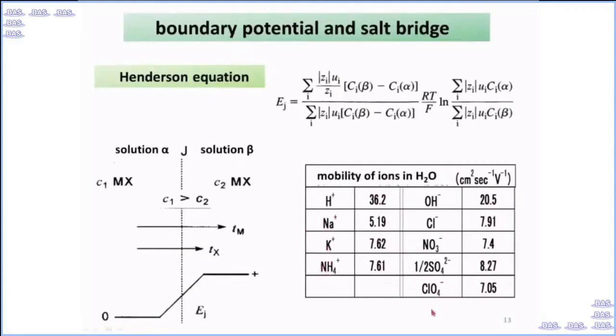So very large ions are sulfate or perchlorate. Proton is very small, but hydroxide ion is rather large, affected by the large size of oxygen.